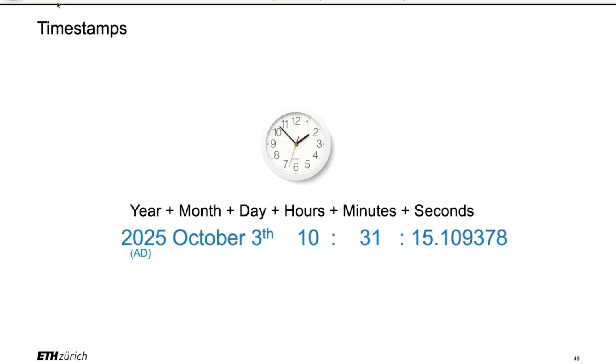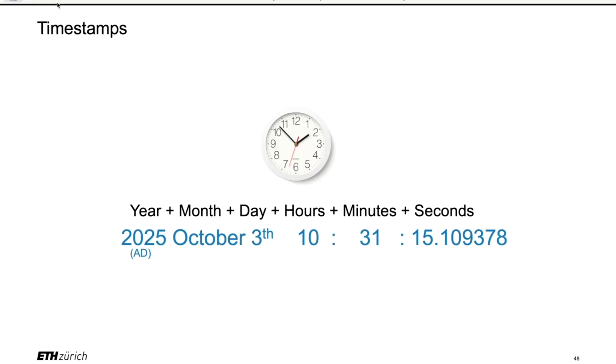Then we have timestamps. So a timestamp has everything: the year, the month, the day, the hours, the minutes, and the seconds. Now, the purpose of a timestamp is to identify a specific point in time, right? So typically, when you give a timestamp like that, you're assuming that you have a time zone or that it's UTC and something.